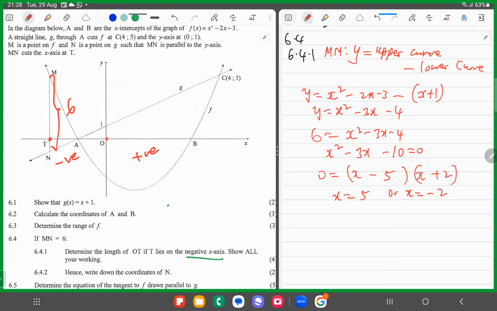Right, so what is OT now? Obviously, it means that OT is 2 or OT is 5. So we can see therefore that OT equals 5 is not applicable, and therefore OT can only be 2 units.